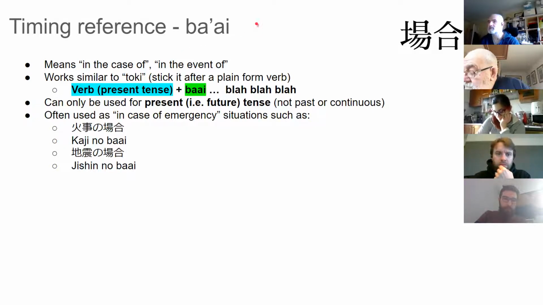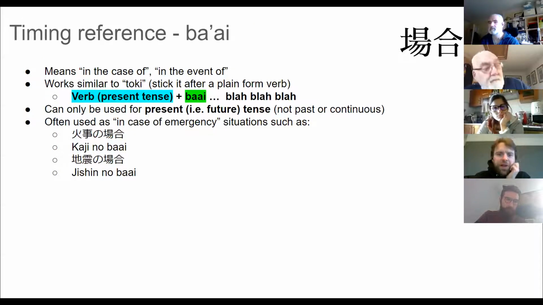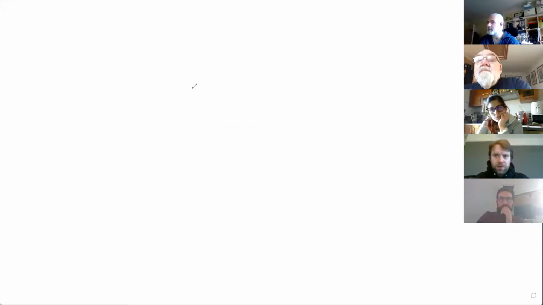Just to emphasize, I think I've seen this one used in the nominalization as well. Is that possible? It is basically this kanji. Yeah, but normally when I've seen it written down, koto is written in hiragana to make it a pure grammatical term.